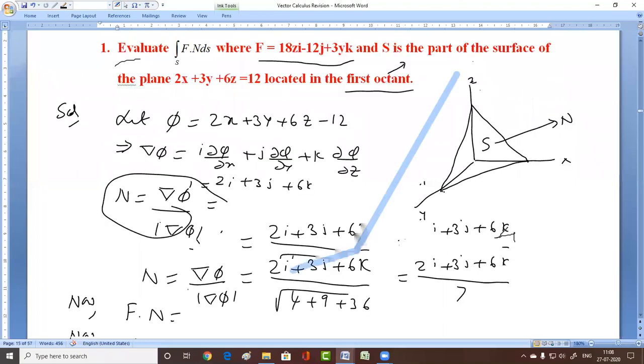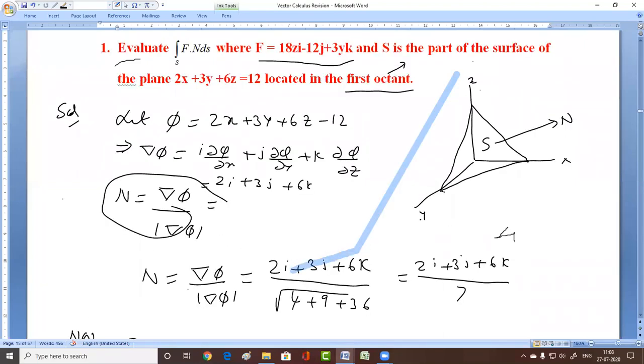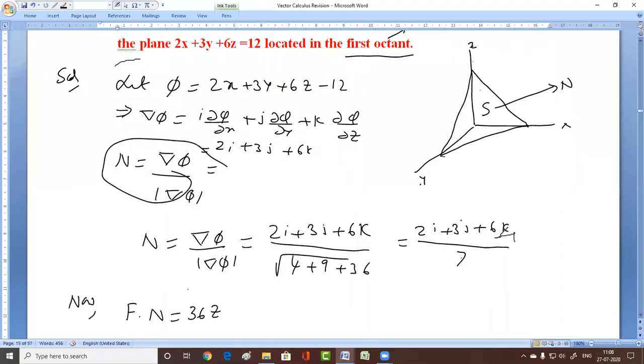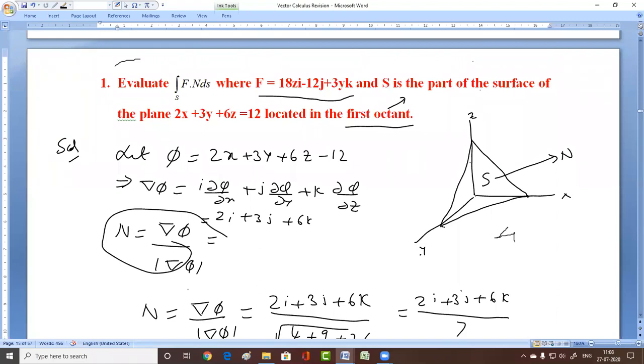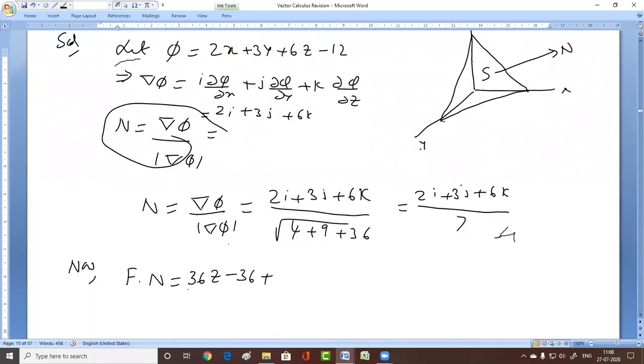Minus 12 into 3, minus 36. 3y into 6, 18y.